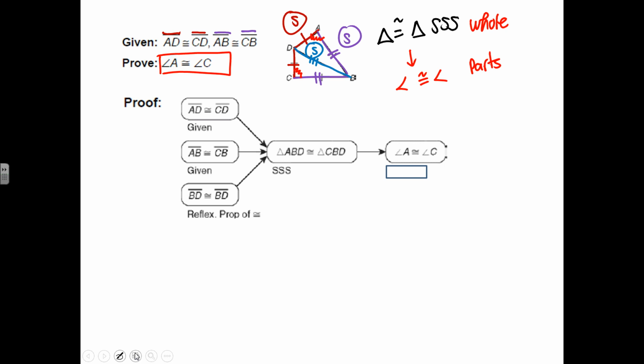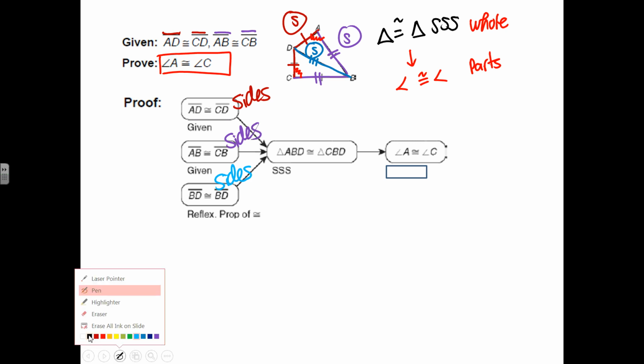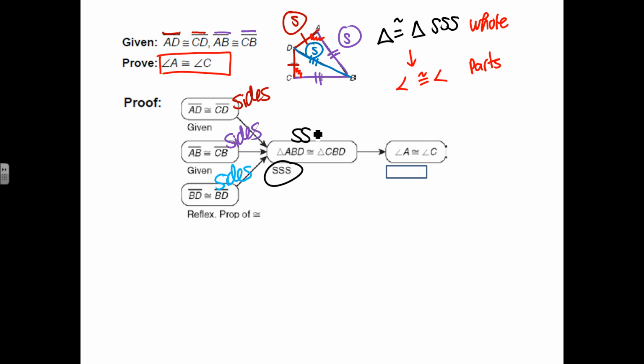That given was your first pair of sides. And that one was another pair of sides. Then we have the reflexive side. And the reasons are there. That gives us the triangles are congruent by side, side, side.